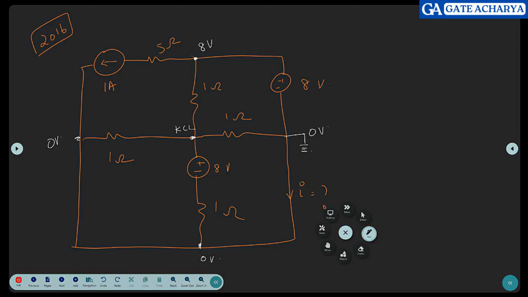So if current is entering here, because the current direction is like this, and leaving here, what is the voltage drop? Here it is 8. Then what will be the voltage here with respect to the ground? 5 gone, so 3 volts with respect to the ground.